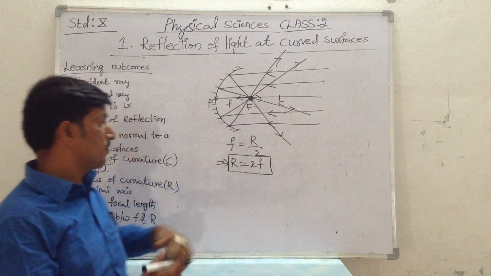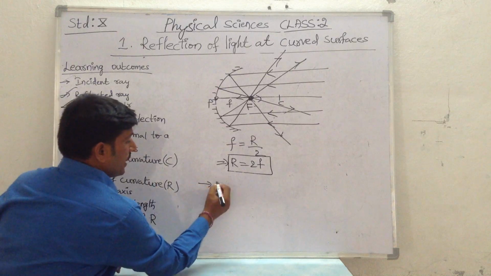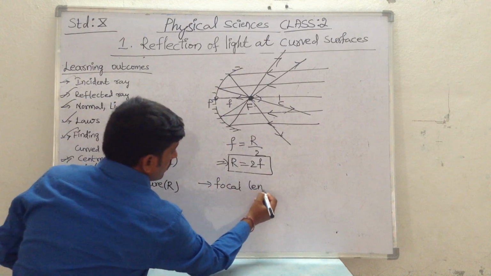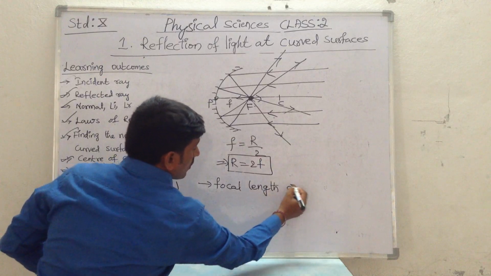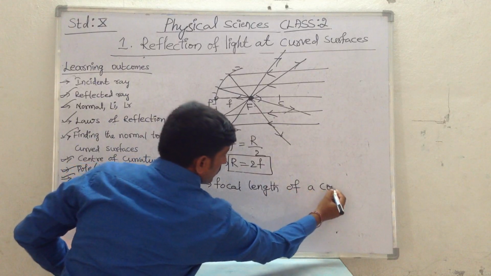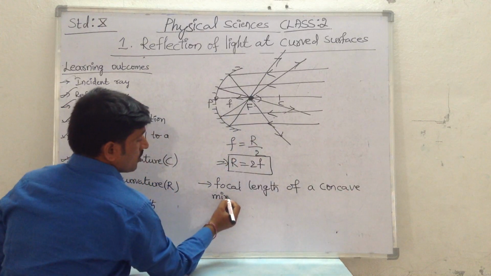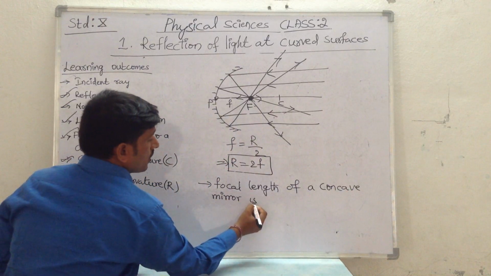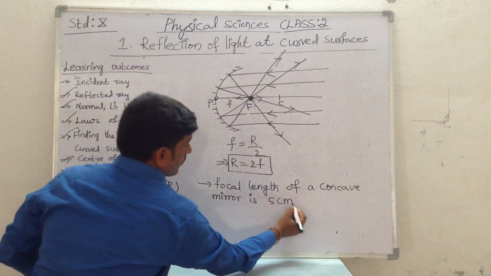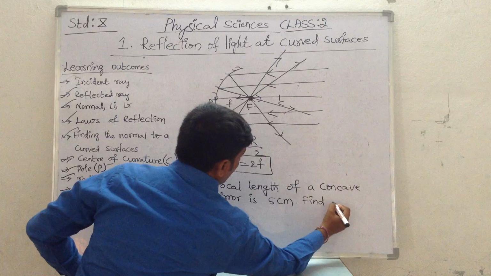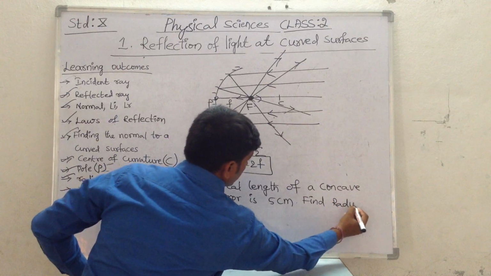By using this principle, suppose the focal length of a concave mirror is 5 centimeters. Find the radius of curvature.